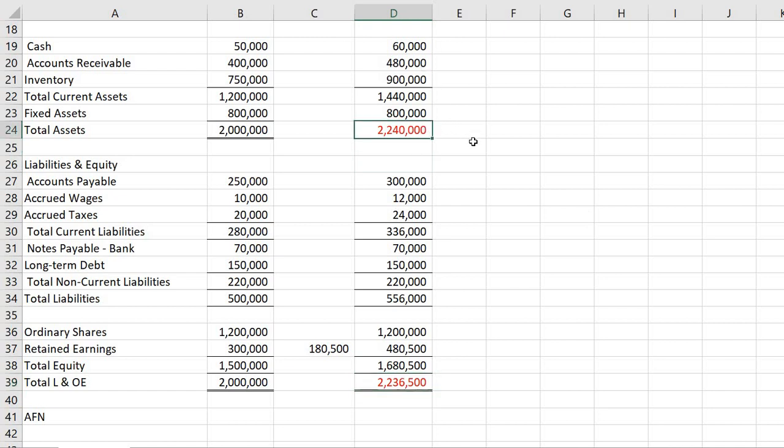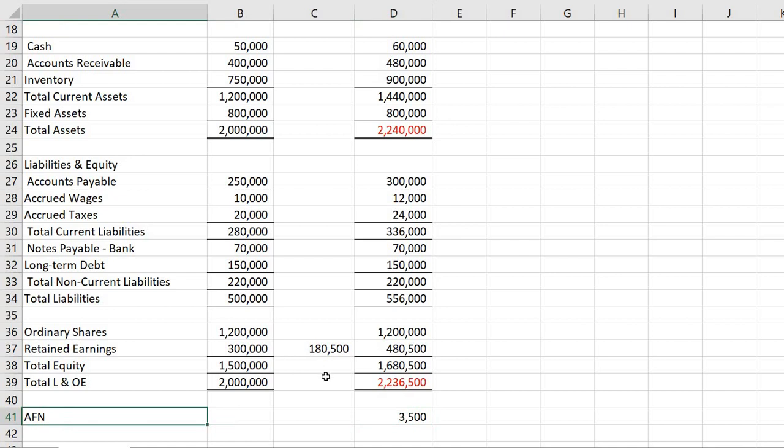So parang ganito lang. No? So this is your required assets, no, to support your 20% increase in sales. However, yung funds available mo, both from liabilities and from owner's equity, only amounts to 2,236,500. So if you get the difference of that, 2,240 minus 2,236,500, you'll have 3,500. So ano ba yung 3,500?